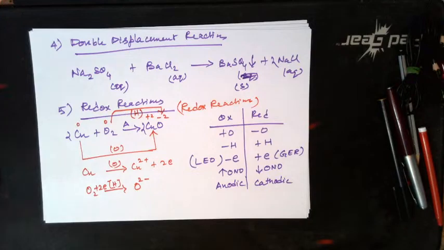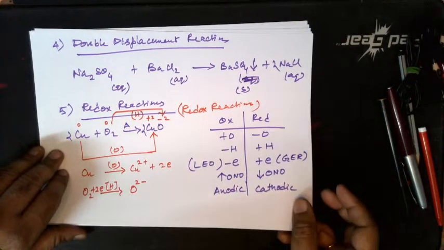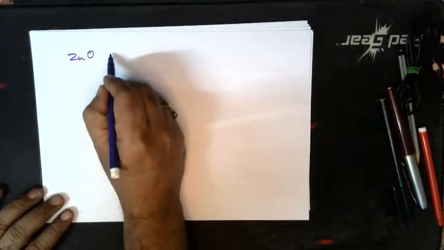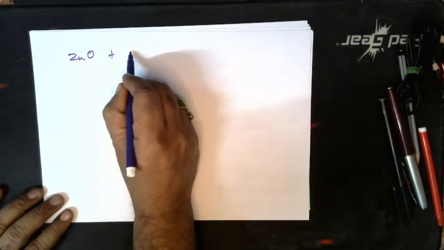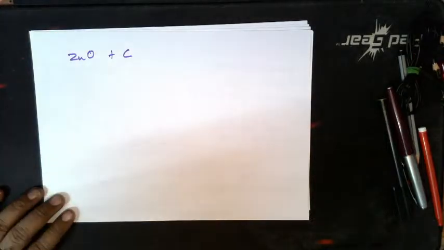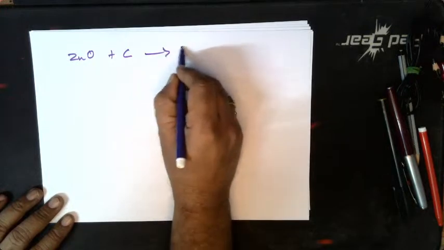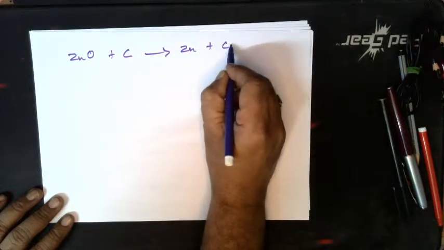Shall we try one more reaction? Zinc oxide, take down. Zinc oxide reacts with carbon to give zinc and carbon monoxide.